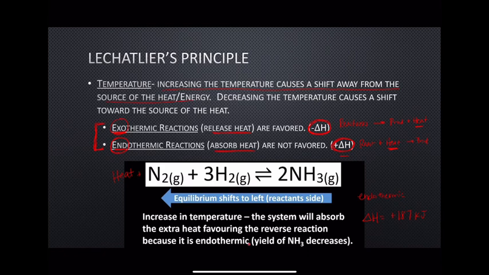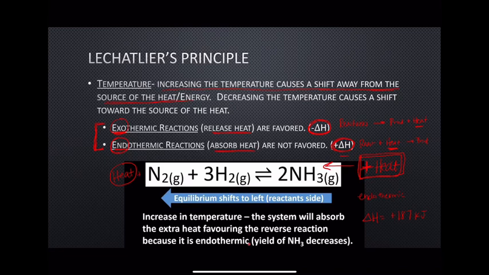Okay? All right, so in this reaction, the heat is on this side. Okay? So if we add heat, what that means is that we're going to add the heat on the other side. Okay? When we add our heat, we always basically move it to the other side. All right? So now it is going to cause a shift away from the source of the heat.